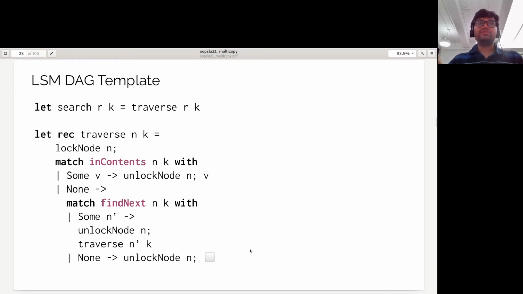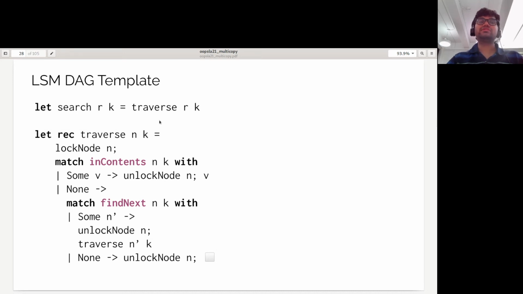A template algorithm is an algorithm which abstracts away from the details about the inner and the outer structure and provides us a way to describe the algorithm at the high level. So let me show you an example of the template algorithm for the search operation.